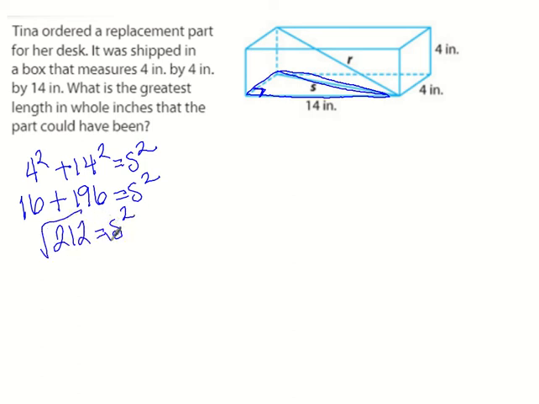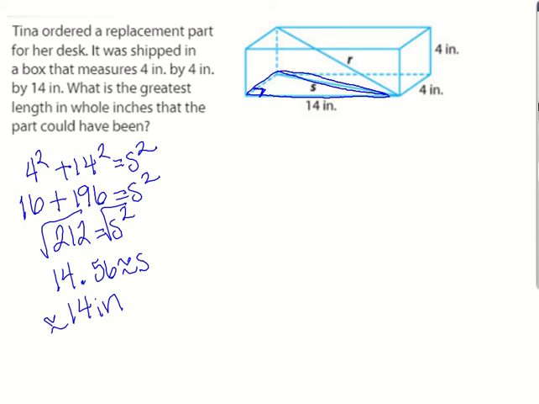And to get S, we technically do square root, just good practice. And so it's about 14.56. And so we would say about 14. So that's how you would get S. So check your work, come with questions if that didn't make sense.